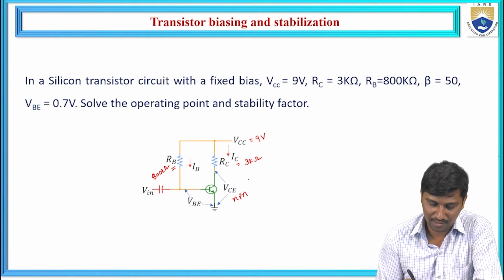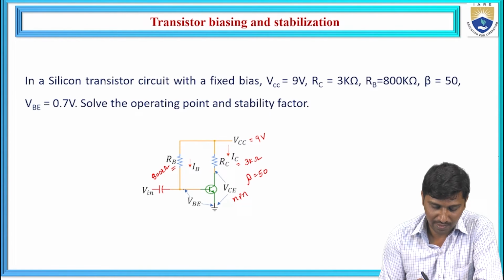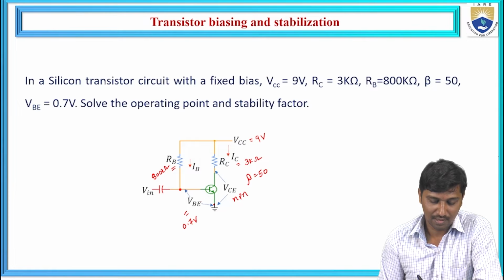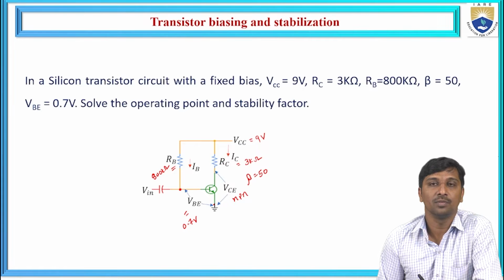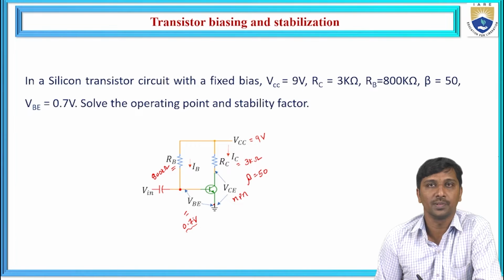For this transistor, the DC current gain is 50, and the potential difference between the base node and emitter node is 0.7 volts. When the emitter base junction is forward biased, this junction acts as a conducting state, hence the voltage drop across it is 0.7 volts.